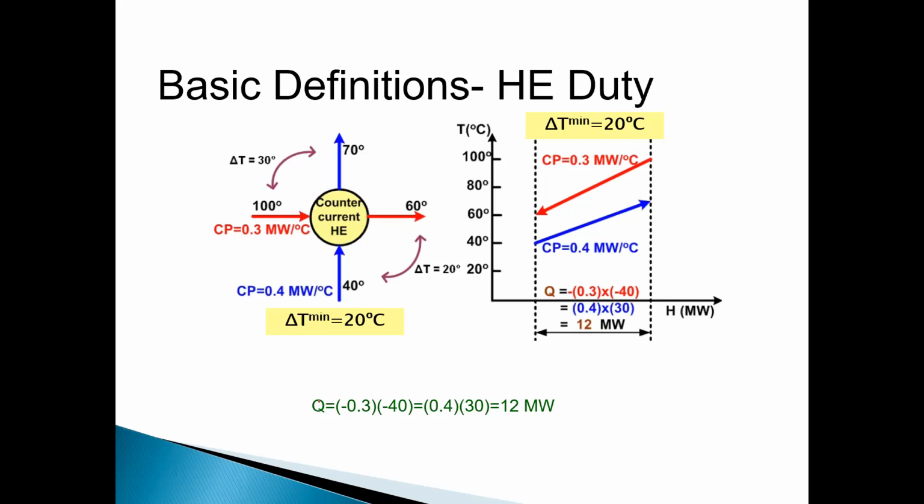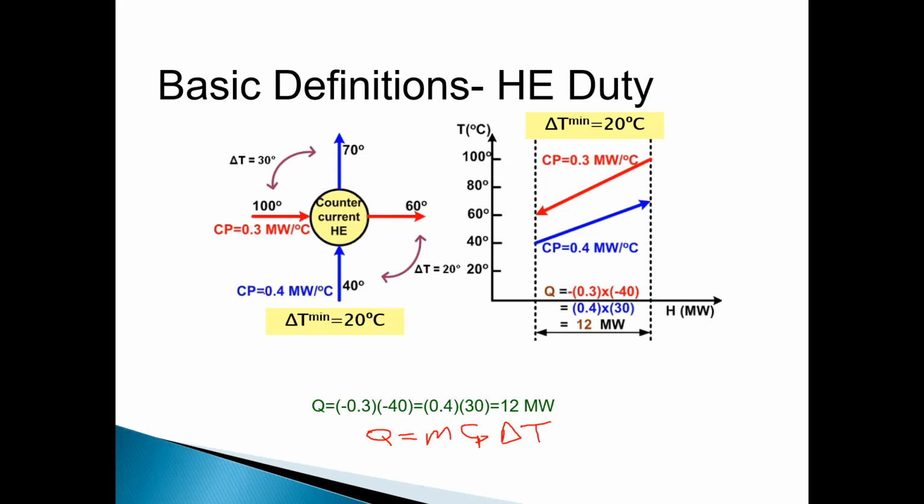We studied that Q is also MCP times delta T for that stream.